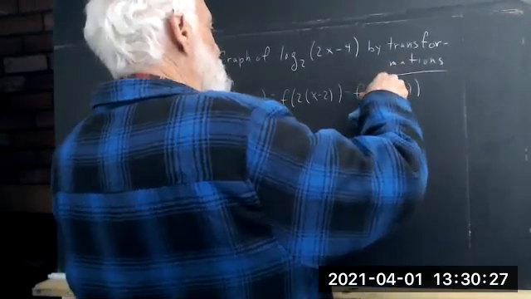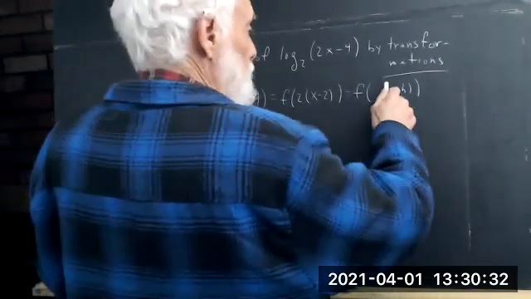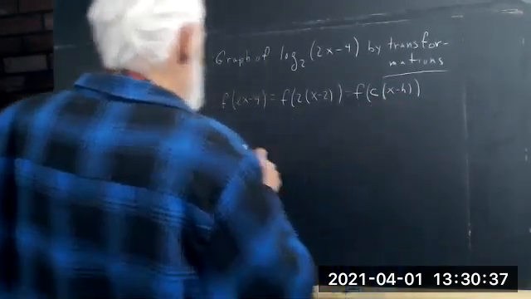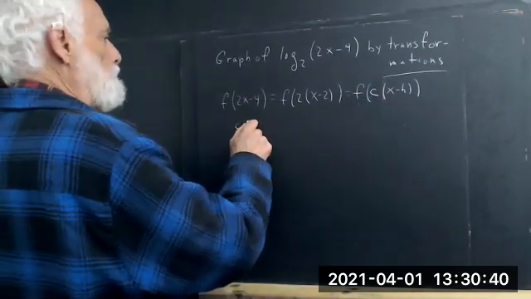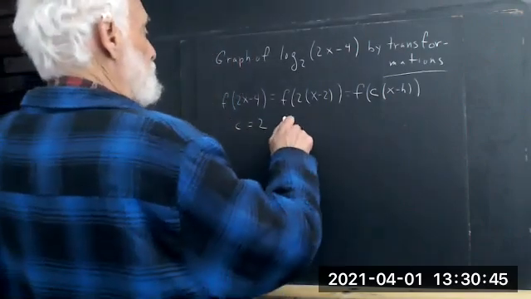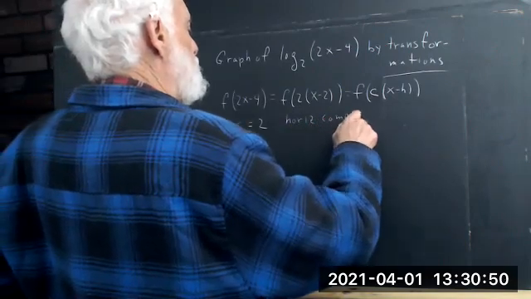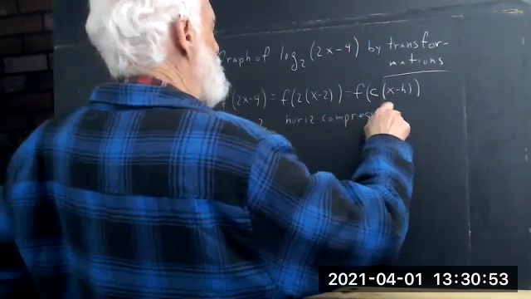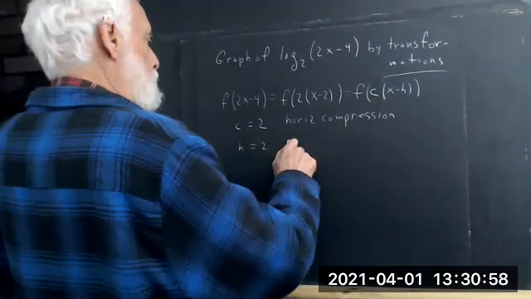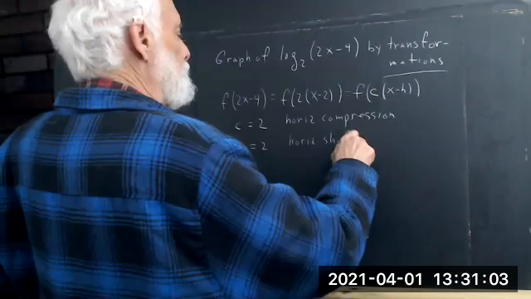I kind of forget what your book uses. I haven't talked much about horizontal compressions, although you've done it and you've done it successfully. c equals 2, that's a horizontal compression. h equals 2, which is the horizontal shift.